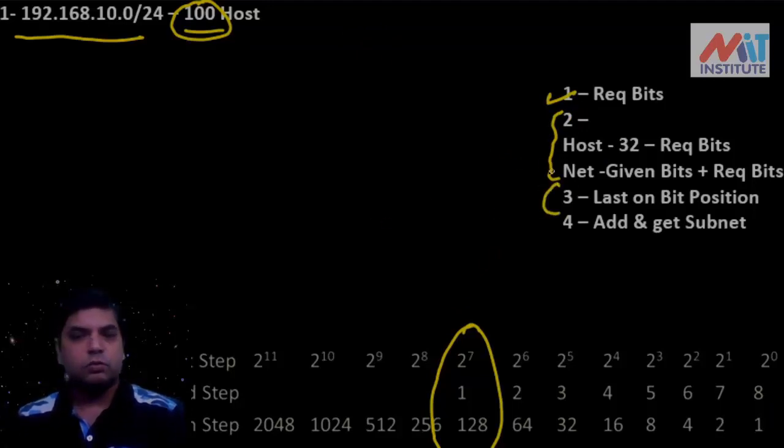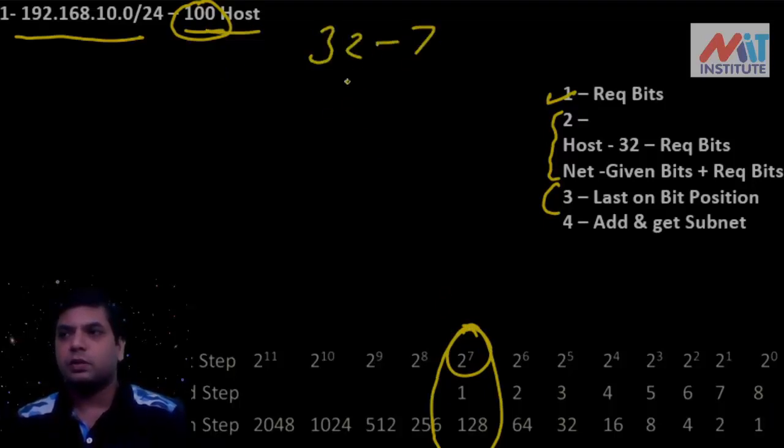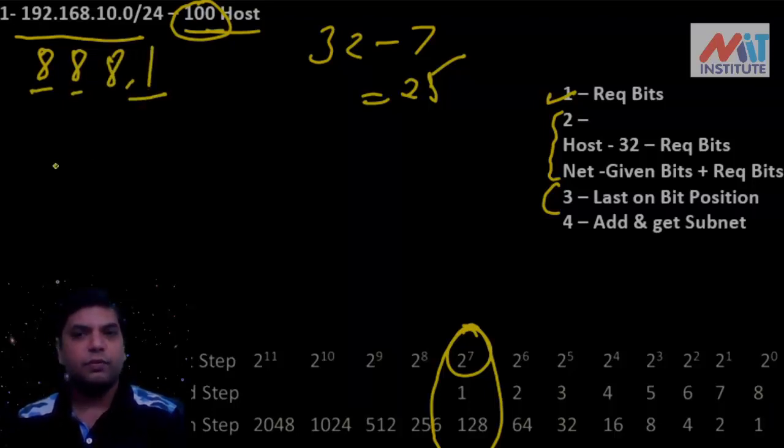Very simple. If we need 7 bits to create a 100 host network, we simply subtract 7 from 32. We get 25. With 25 in the subnet mask we will have the first octet full, second octet full, third octet full, but in the fourth octet we will have one on bit.